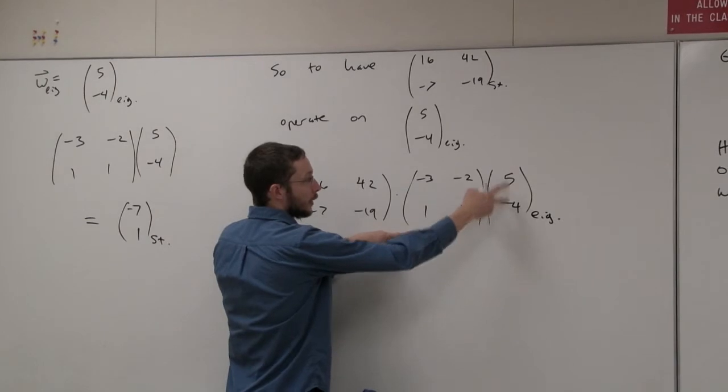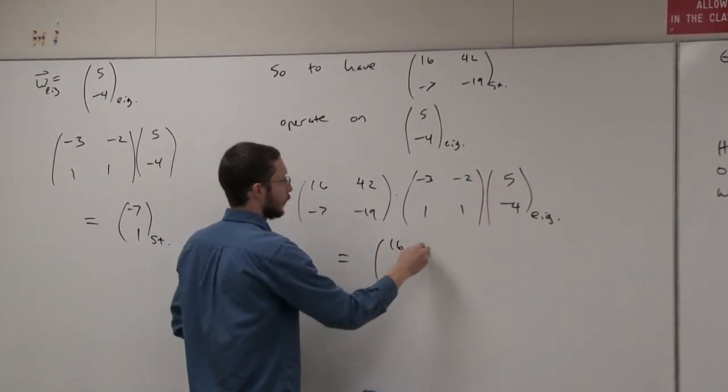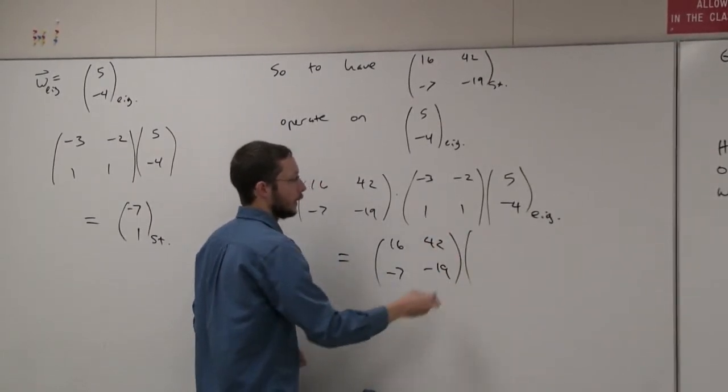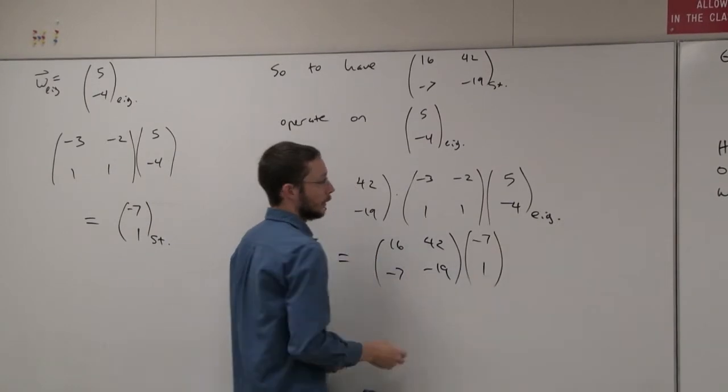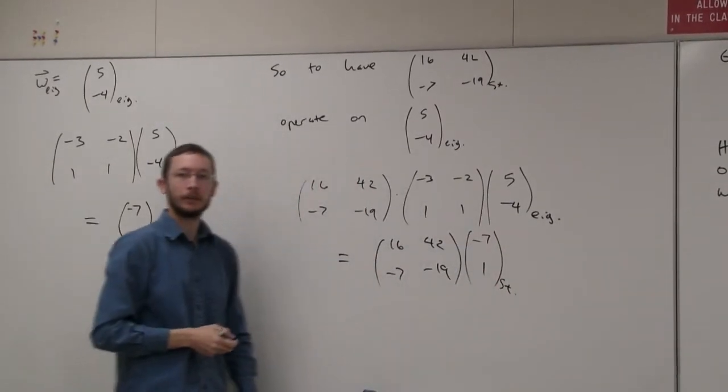We've already seen this product just amounts to -7, 1. And now we've got that same vector but written in terms of the standard basis.